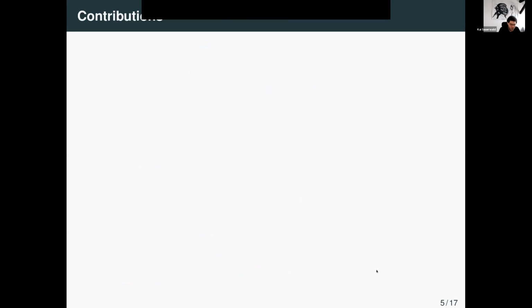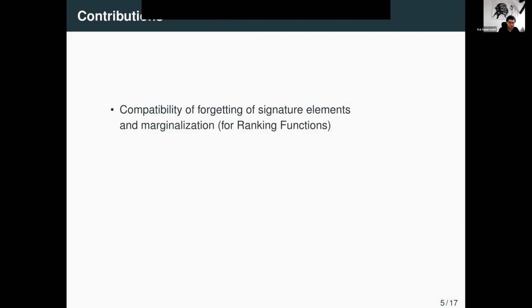Okay, what is now our contribution in particular? We do two things in that paper. The first one is that when you look at epistemic states, like Jonas presented, there are also notions of signature reduction for that. One of them is marginalization of ranking functions. And in the following slides, I will show you that marginalization, the signature reduction for ranking functions, is in some way compatible with what Del Grandi proposed.